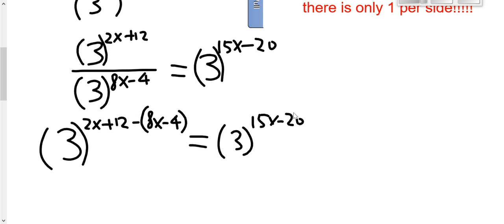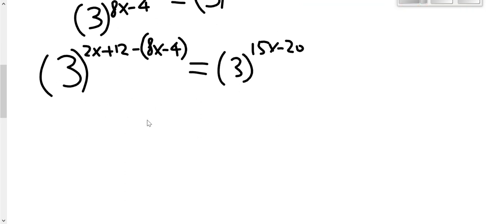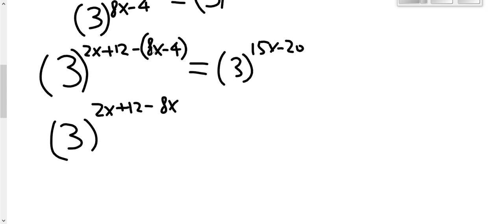Now we can simplify this. So 3 raised to the power of 2x plus 12 negative 8x, and then negative negative positive plus 4 equals 3 raised to the power of 15x minus 20.